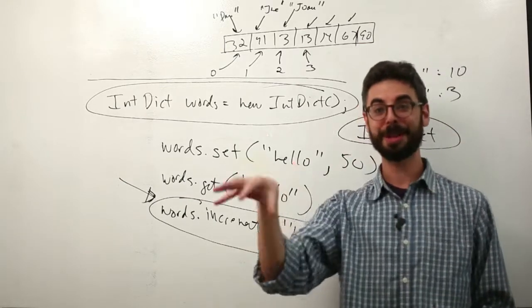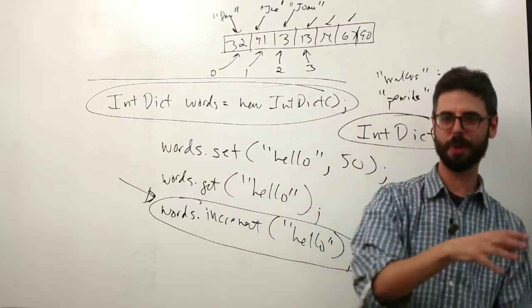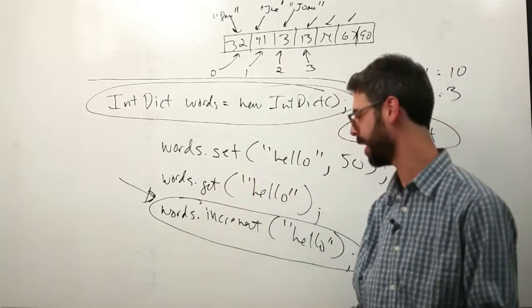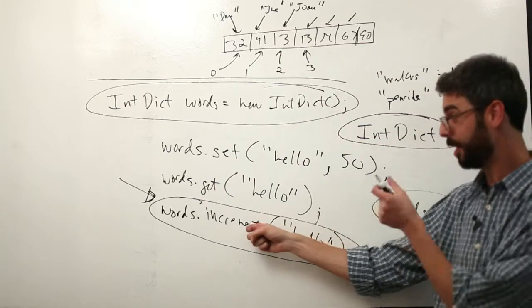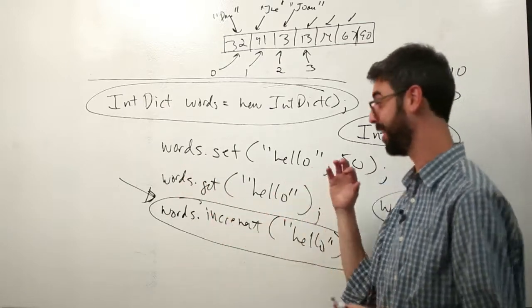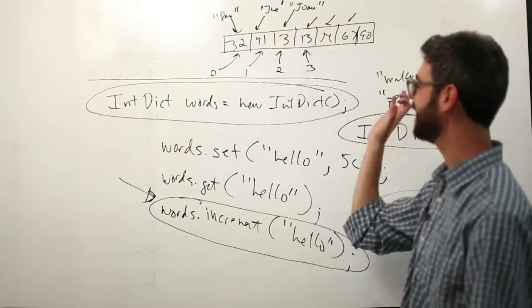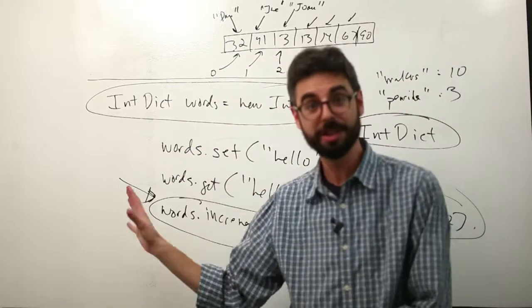For every word in the play Hamlet, increment its value in my int dictionary. Look at the first word, increment it. Look at the second word, increment it. And if it's not there, the int dictionary will know it's not there, and give it its first value of 1. If it is there, increase its value to 2. The next time, increase its value to 3. So this is exactly the data structure we can use to do word counting.